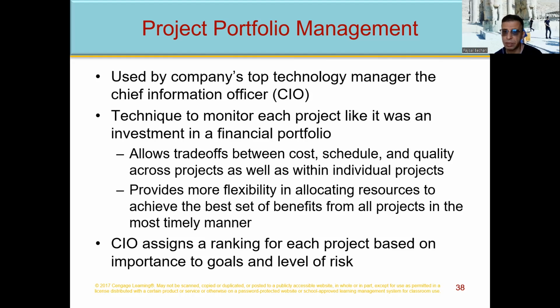It provides more flexibility in allocating resources to achieve the best set of benefits from all projects in the most timely manner. And usually the Chief Information Officer assigns a ranking to each project based on importance to goals and the level of risk.